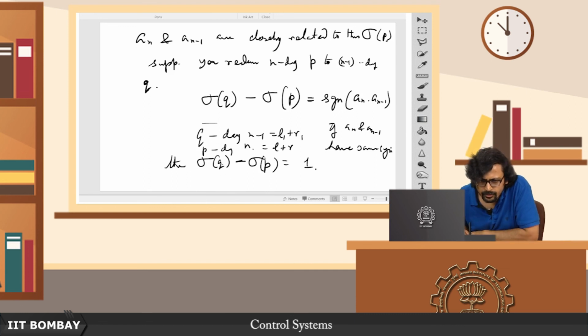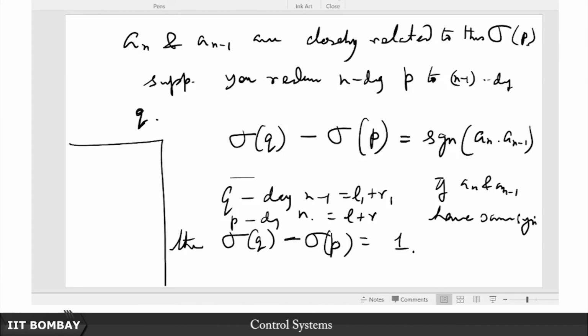maybe I should reverse the order, probably sigma of p minus sigma of q. Let me think about it a bit. So let's do a reverse calculation. I am not referring to the paper, so I have forgotten that expression, but we should be able to figure it out. Suppose you have L plus R equal to n and L1 plus R1 equal to n minus 1, and let L1 be equal to L minus 1.